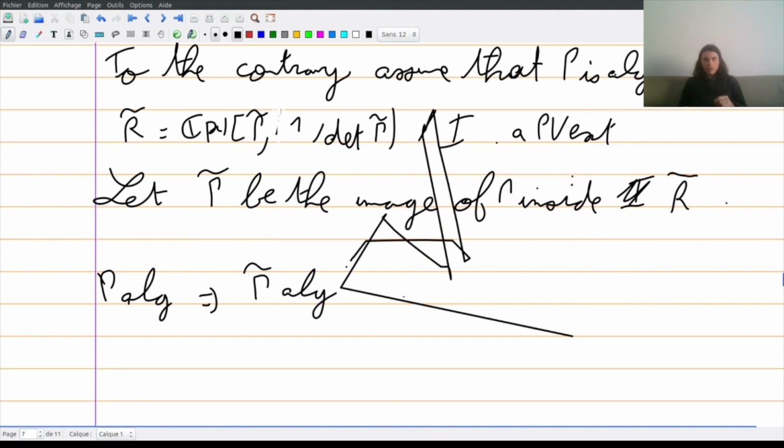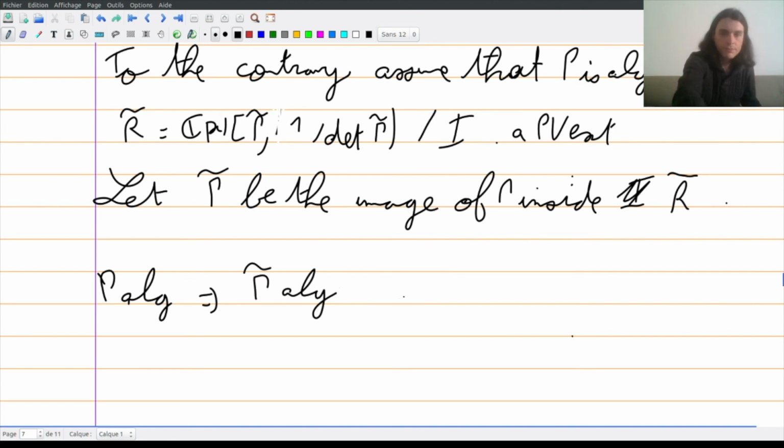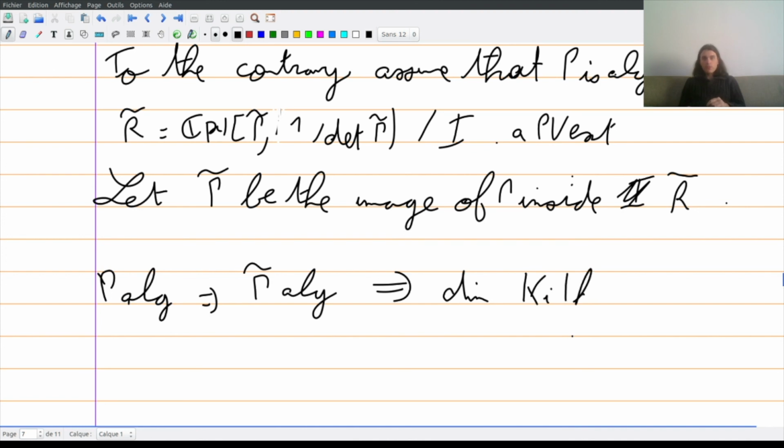I take the decomposition, and it means that the dimension has to be 0.